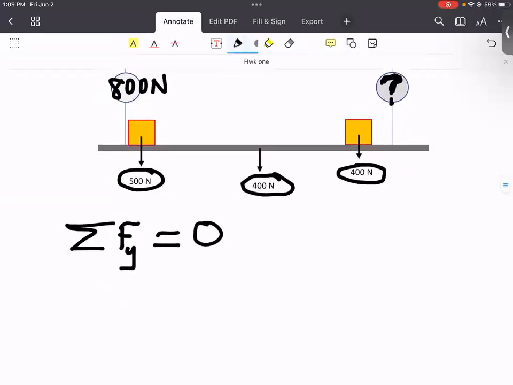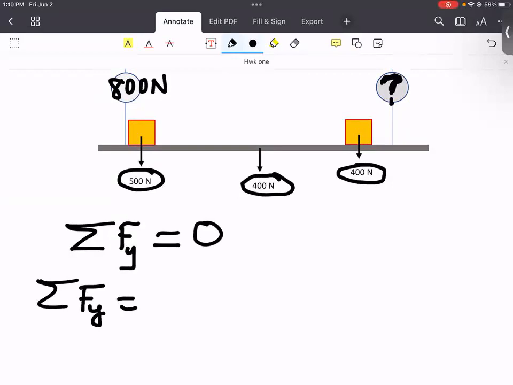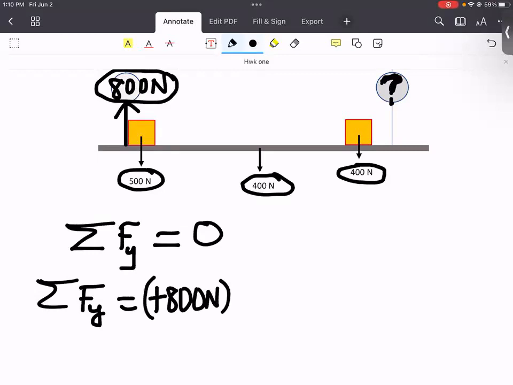Then I will write down the expression for the net force in the y direction. We'll have one force that is 800 newtons, the tension in this rope, read by the scale over there. So that's plus 800 newtons. The plus indicates acting upward on the system of objects of interest.